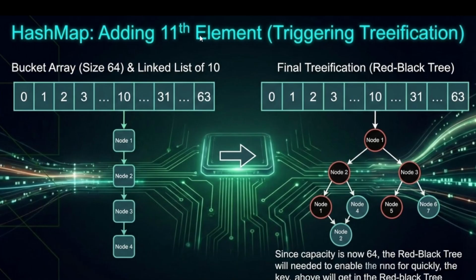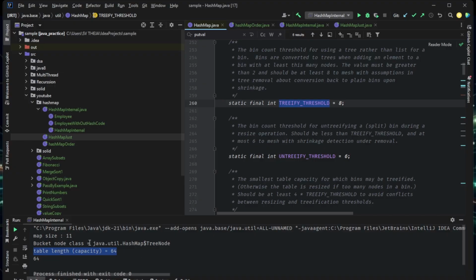So adding the 11th element, now we can see clearly 0 to 63 whenever we add the element 10. When we go to the 11th element, the linked list is converted to a red black tree since the capacity is now 64. That's what we have seen in practical here.